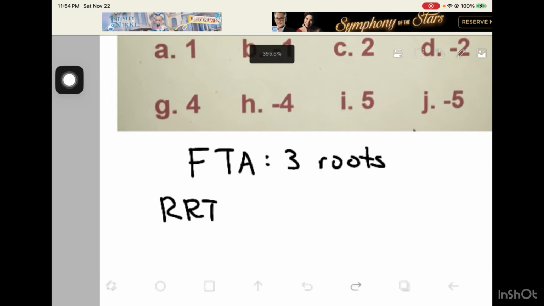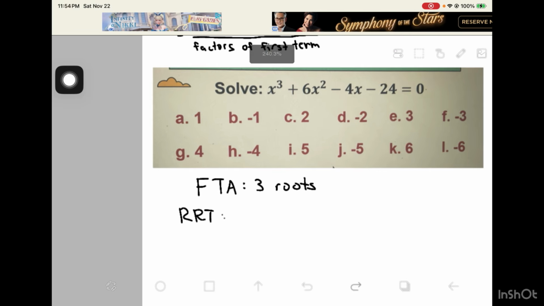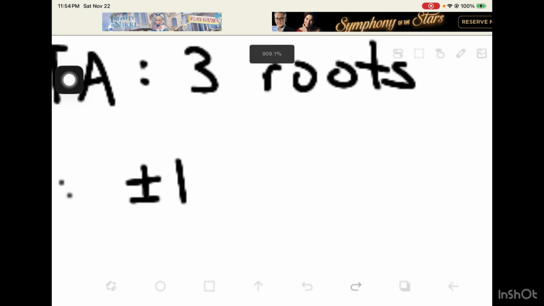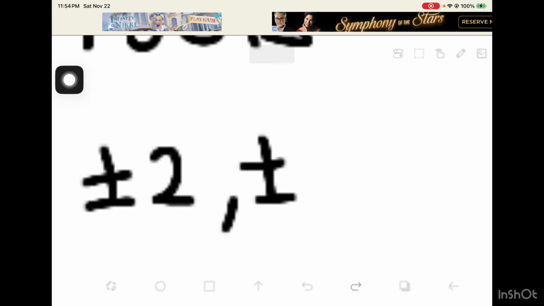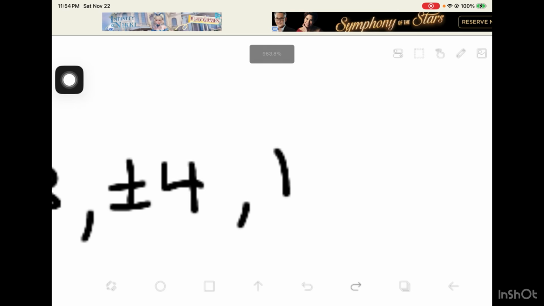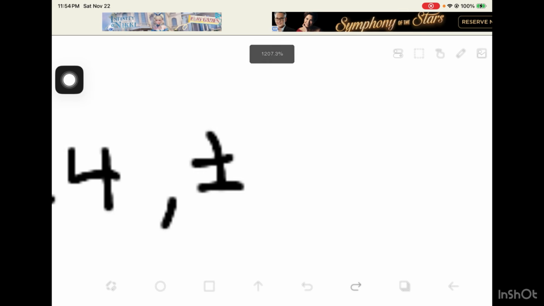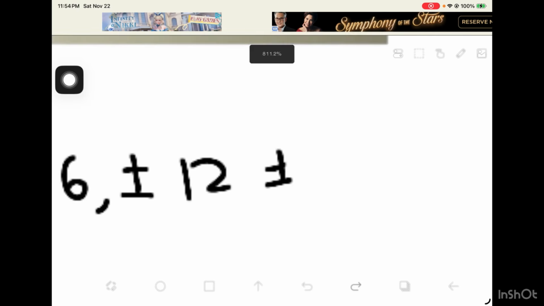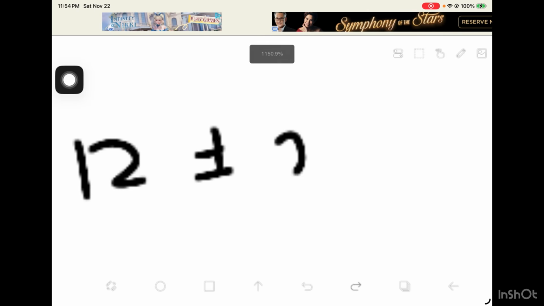We need to find the factors of 24. So that's plus minus 1, plus minus 2, plus minus 3, plus minus 4, plus minus 6, plus minus 12, and plus minus 24.